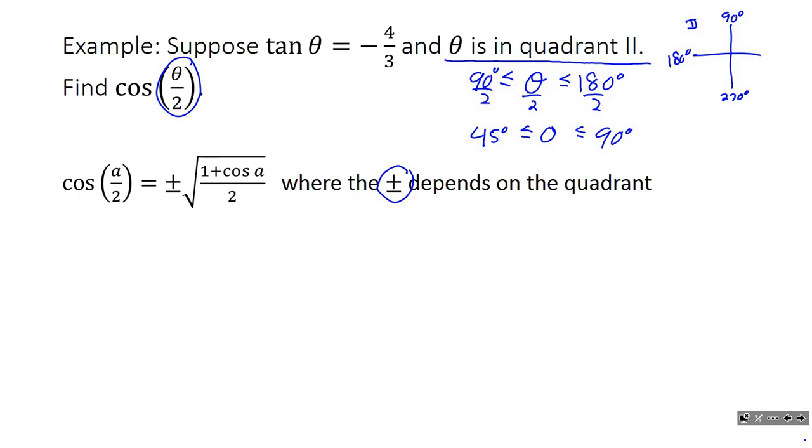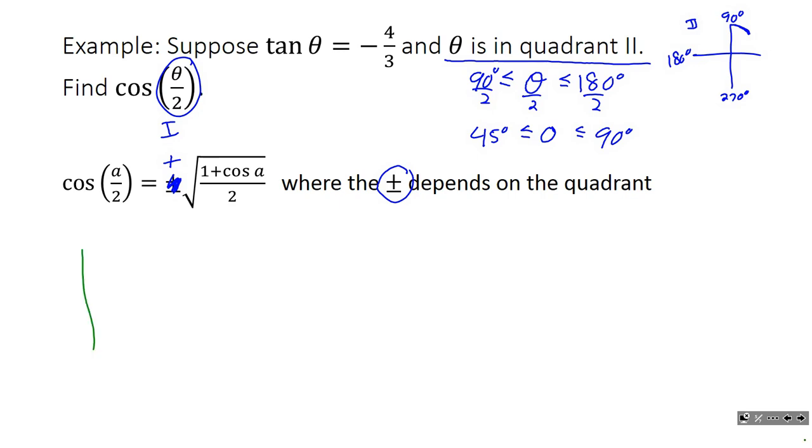Well, 45 to 90 would be right here in quadrant 1. So if you have a cosine of an angle that's in quadrant 1, is it positive or negative? In quadrant 1, the cosine is always positive. So that tells us for this example it will be a positive. Now let's do the mathematical details to get the actual answer.